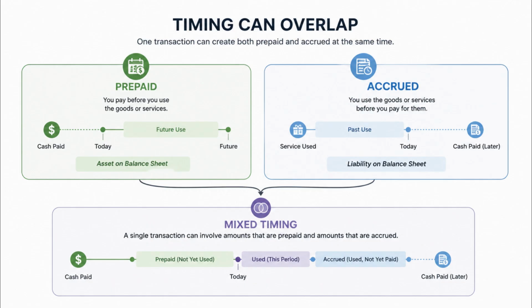So up to now, we've treated things separately. Prepaids are paid before use, and accrued are used before payment. But this scenario breaks that structure because one change creates two timing effects at once. If you try to force this into one category, you'll get it wrong.